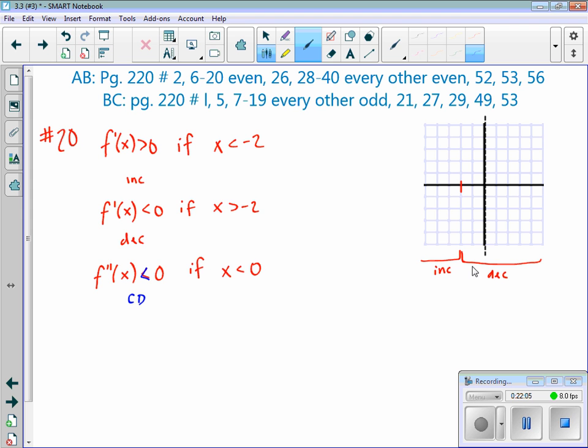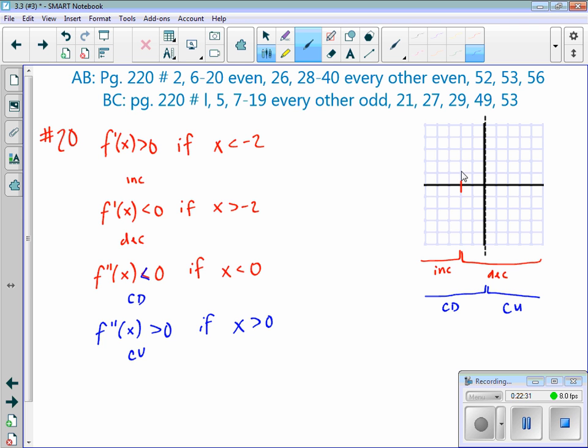If x is less than 0. So over on this stuff here, it's concave down. So just so when I sketch it, it'll be easier. And then the other part says the second derivative is greater than 0 if our x is greater than 0. So that means it's concave up. So it should be concave down here.